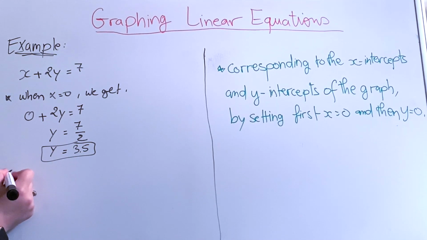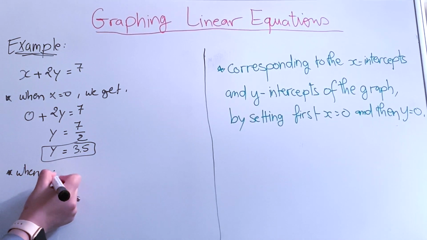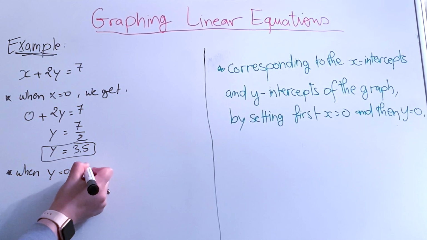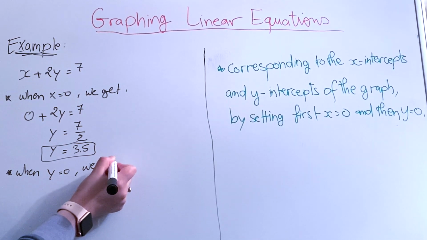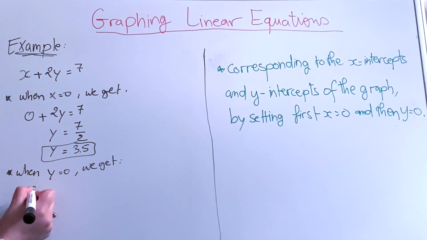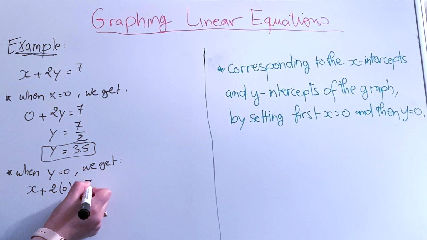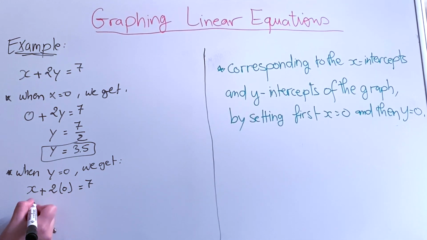Okay, and now we move to y. When y equal to 0, we replace y with 0. So we have x plus 2 multiplied by 0 equal to 7. So x equal to 7.